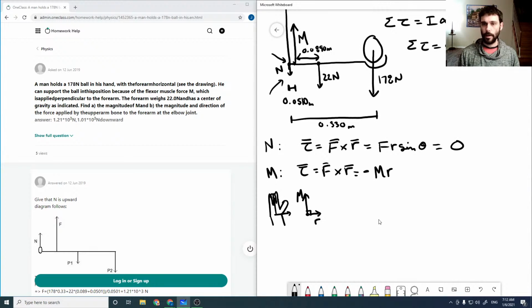Okay, so for our center of gravity here, I'm just going to call this our mg force.